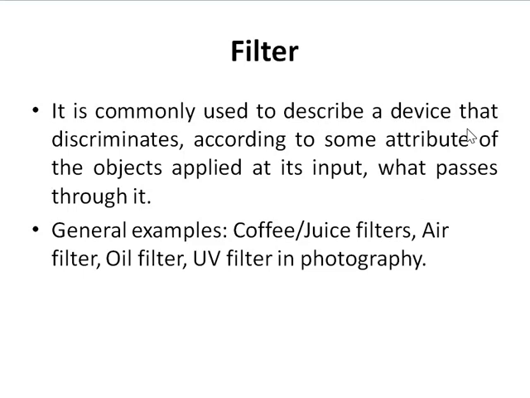Oil filter also, that filter separates the oil from the dirty particles. Coming to the UV filter, which is widely used in photography, that filter attenuates the ultraviolet light and allows only the visible light which is necessary for the photography.